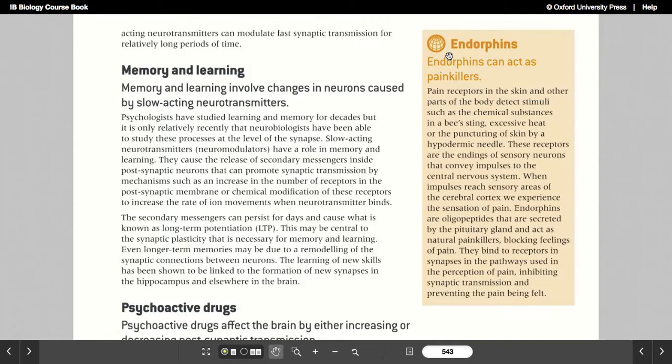Endorphins are natural, but synthetic endorphins would be like morphine. A lot of drugs also have a painkiller, inhibitory response. And our opioid epidemic in the US also deals with endorphins, or molecules that are shaped like endorphins and bind to endorphin receptors.